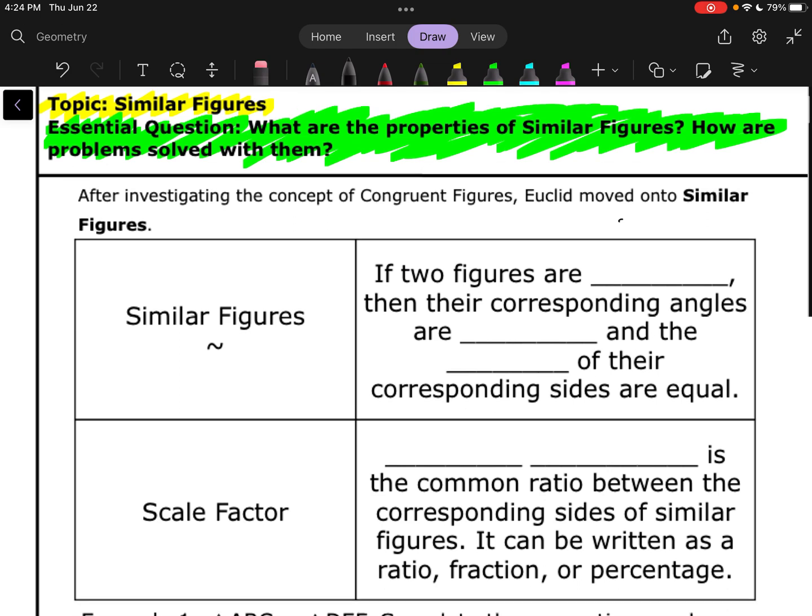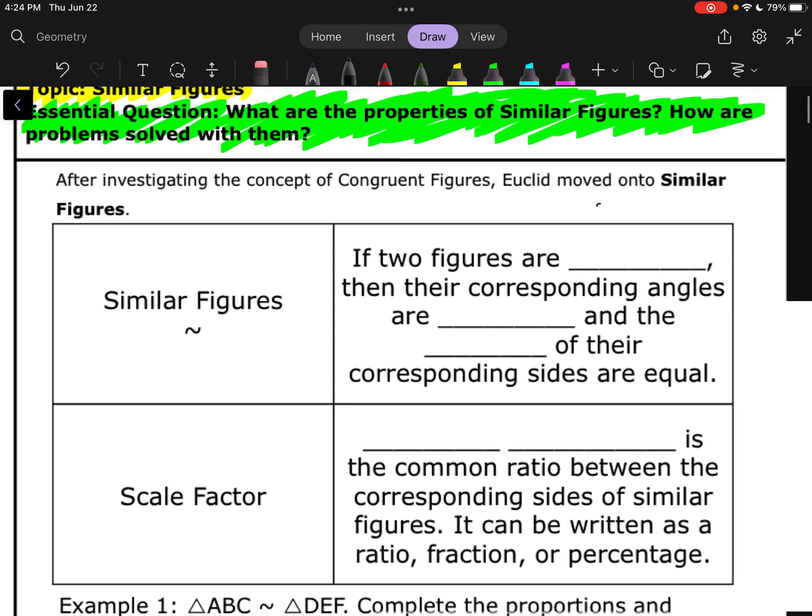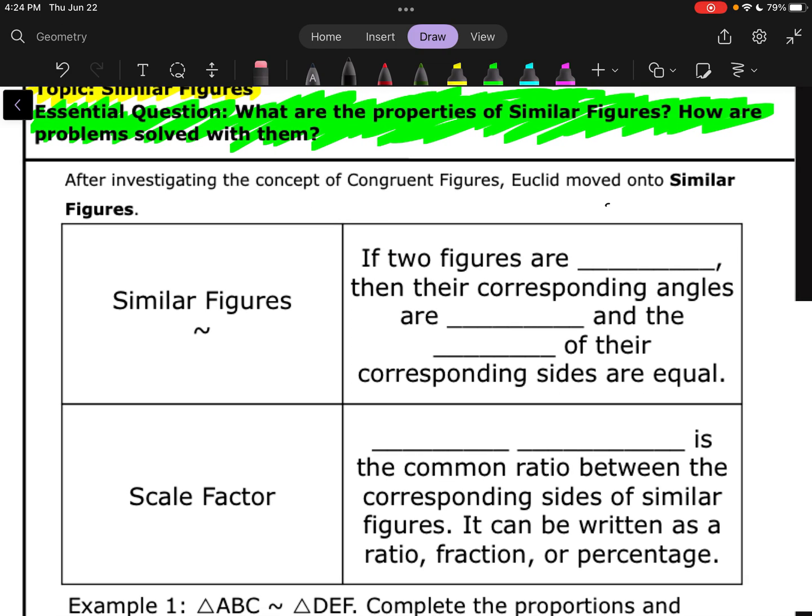And so what are similar figures? Well, this says that if two figures are similar, then their corresponding angles are congruent, and the ratios of their corresponding sides are equal.